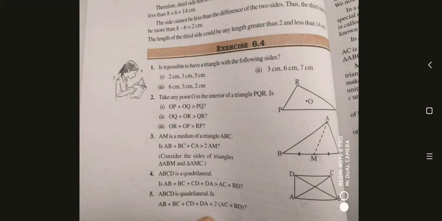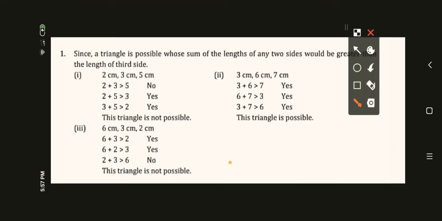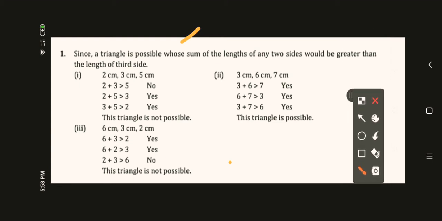So let me show you the steps. Here, firstly, you will have to state the property. So it is already stated, right? The triangle is possible if the sum of the lengths of any two sides is greater than the length of the third side, right? So that is already stated. And now let's see the first part. Here the condition is given that the sides of the triangle are 2 centimeters, 3 centimeters, and 5 centimeters. So we state the property and check each possible side.